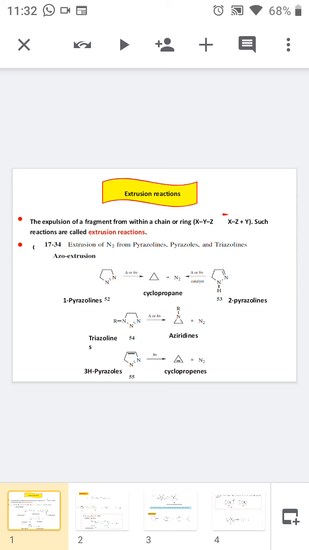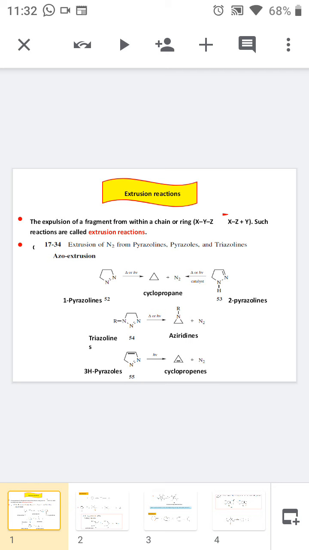First of all, we will discuss the extrusion of nitrogen from some starting material like pyrazolene, pyrazoles and triazolene. First, we will discuss the nitrogen elimination, that means nitrogen extrusion, and it is otherwise known as aza extrusion.